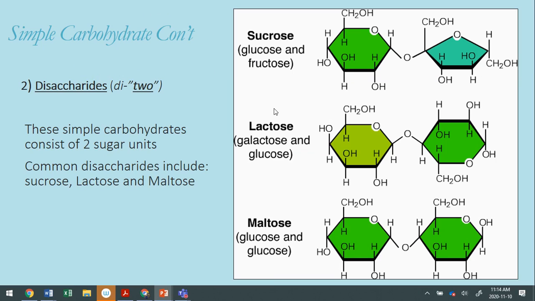Now another type of simple sugar is called a disaccharide. What does the prefix di stand for? Two. So a monosaccharide is a simple sugar that has one sugar unit. A disaccharide is a simple sugar that has two sugar units.